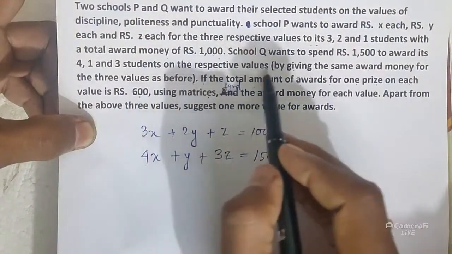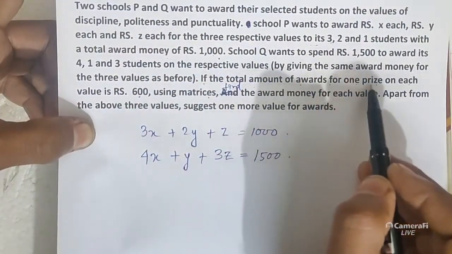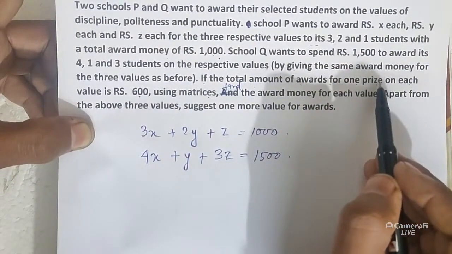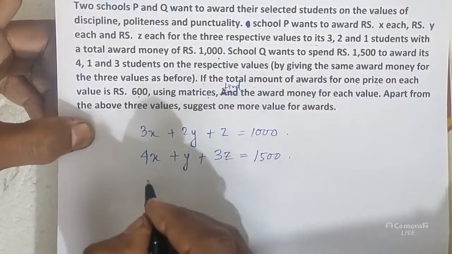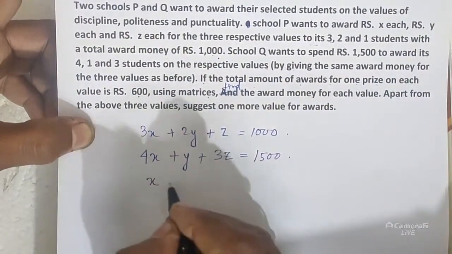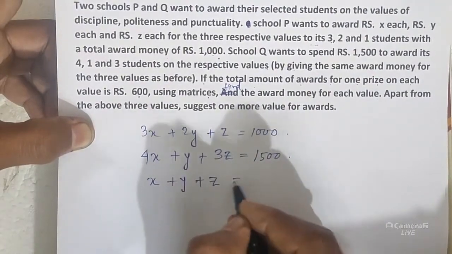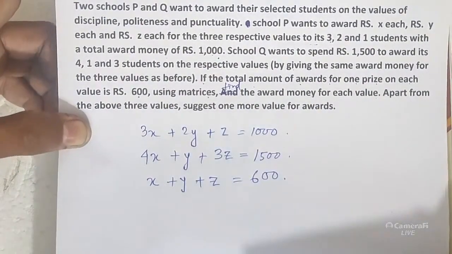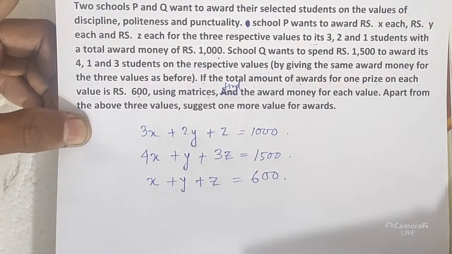Another condition is given that the total amount of awards for one prize on each value, where x is the value for discipline, y for politeness, z for punctuality, is 600. So x plus y plus z equals 600.